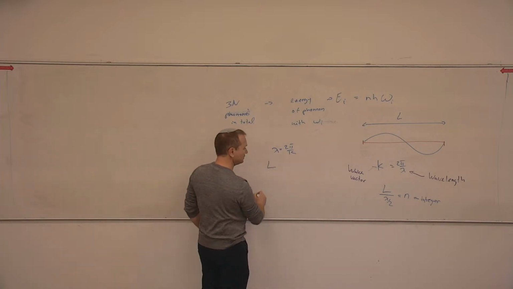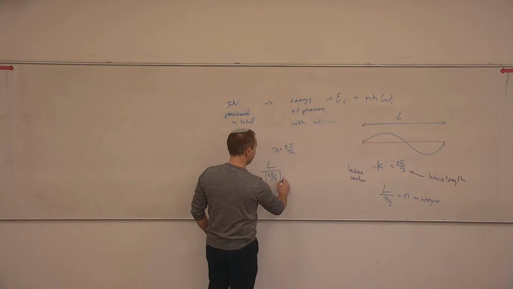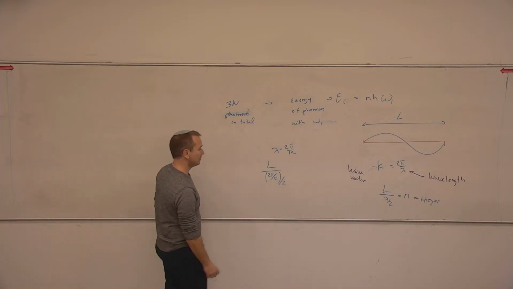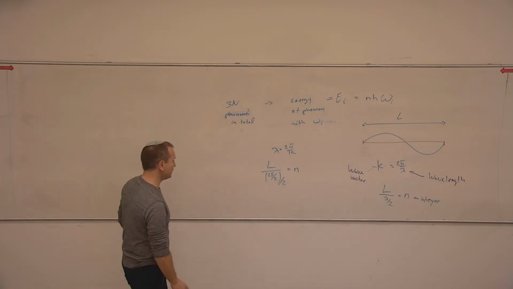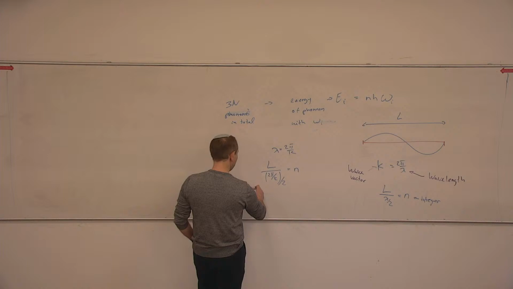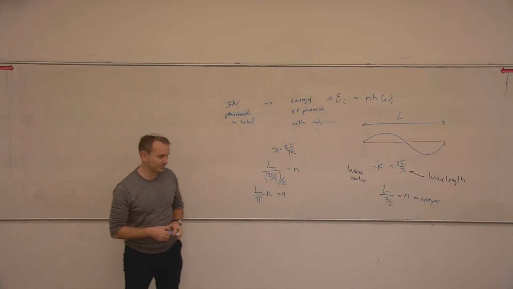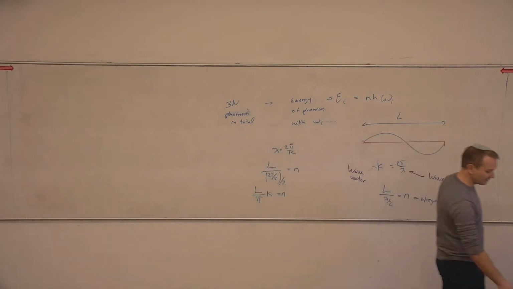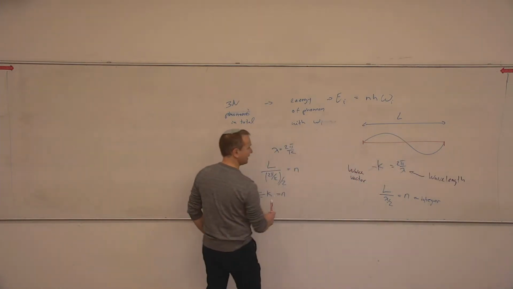So L divided by 2 pi divided by k divided by 2 equals n. So in total, I obtain that L divided by pi multiplied by k equals n. I have a connection between specific k and specific n.